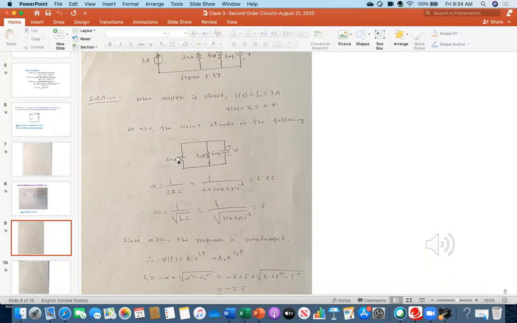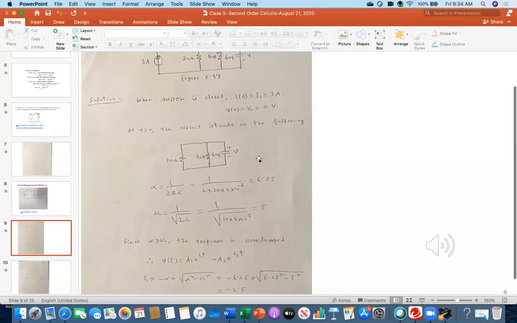In the case of a parallel circuit, alpha is 1 over 2RC. But today we looked, in the case of a series circuit, alpha is R over 2L. That's the only difference. The omega naught expression is the same, and the response solution expression is the same. Because this is a parallel circuit, my alpha is 1 over 2RC.